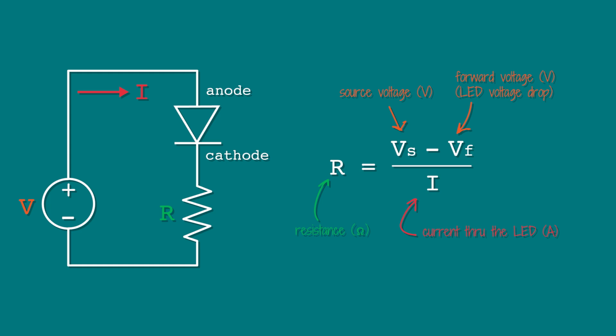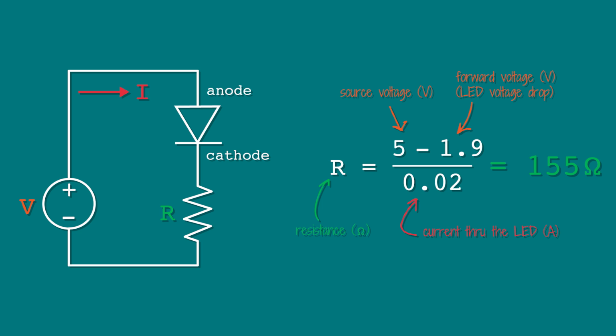To calculate resistance, you have to remember Ohm's law. So how to calculate resistance? R equals V divided by I. In this case, V is the source voltage, which is the voltage coming from your power source, an Arduino, minus the forward voltage, that's the LED voltage drop, then divided by the current through the LED.